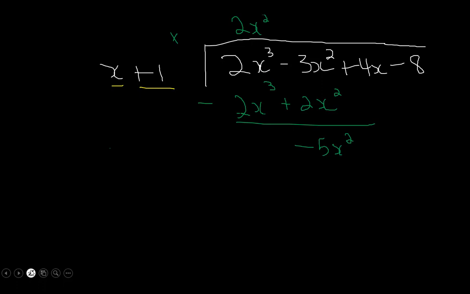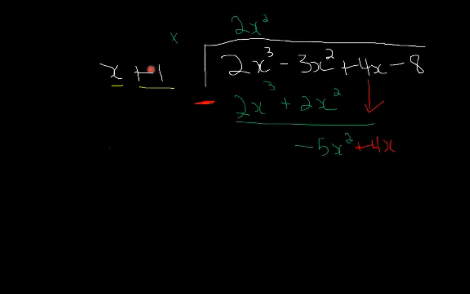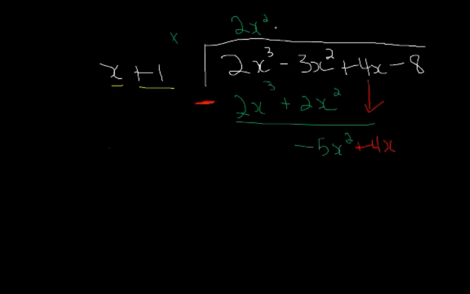Let me just put this minus sign in red. Remember, we're always subtracting, just like we were doing with the long division just now. Then you bring down the other term, plus 4x. Then you start again. X into minus 5x squared gives me minus 5x.